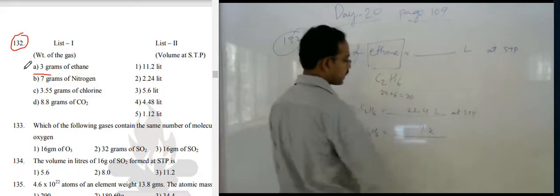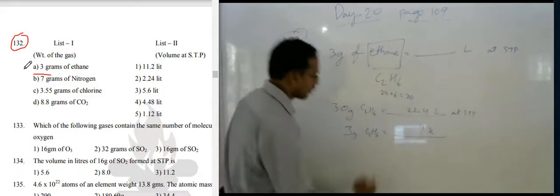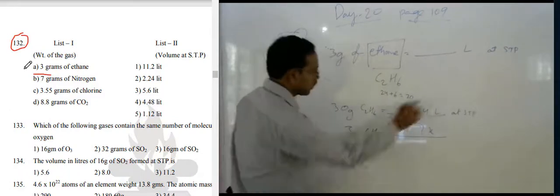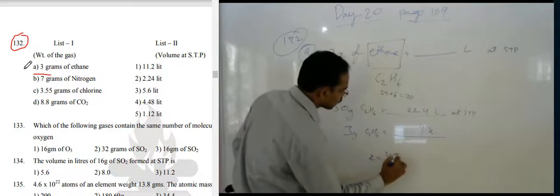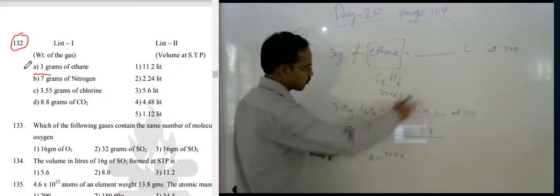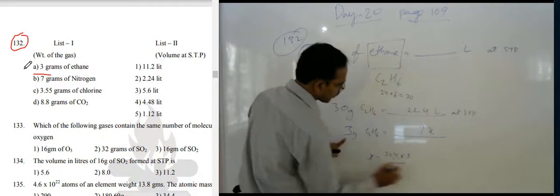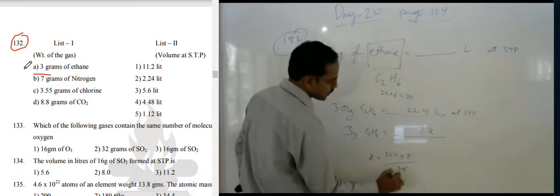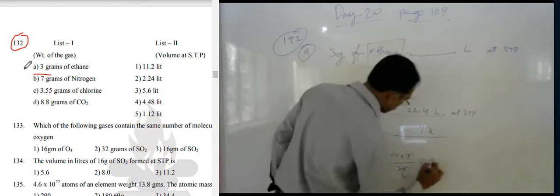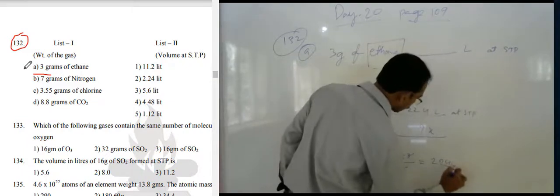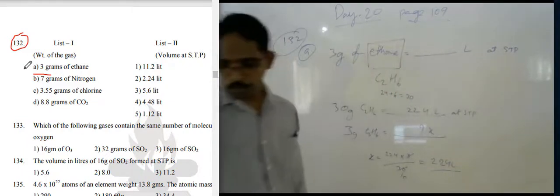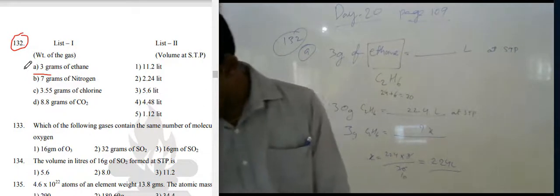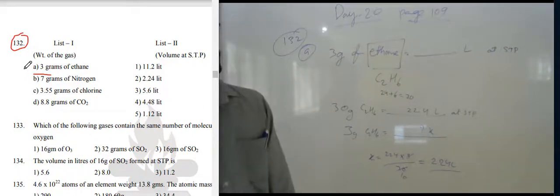Cross multiplication, take it as x, then x equal 22.4 into 3, these two multiplication, upon 30. So 3 1 are 3, 10 are. That means 2.24 liters. Is there answer? Yes. Second option.